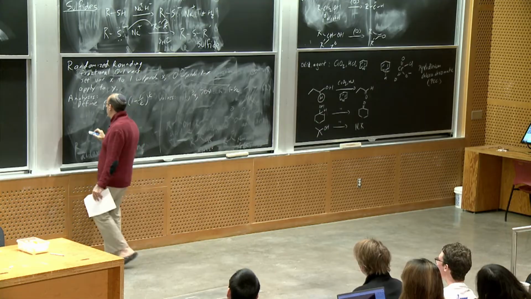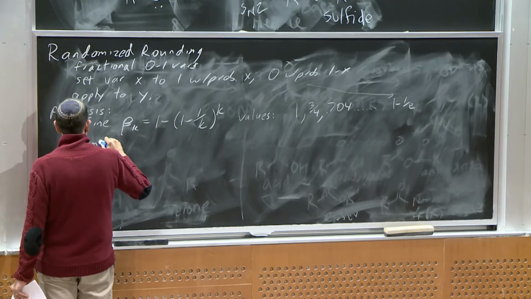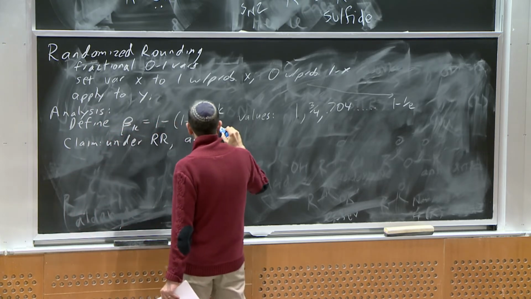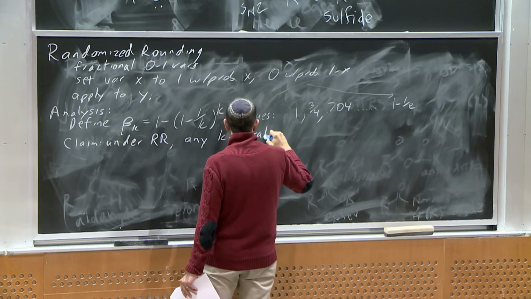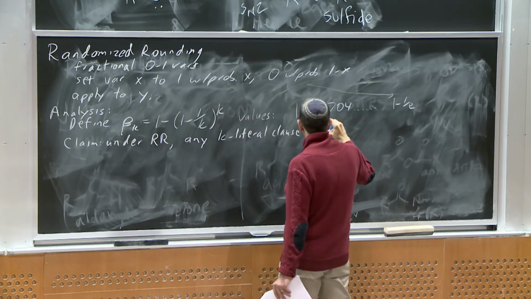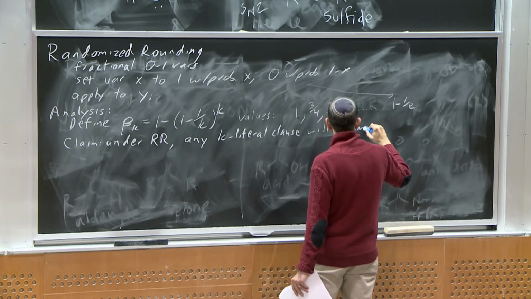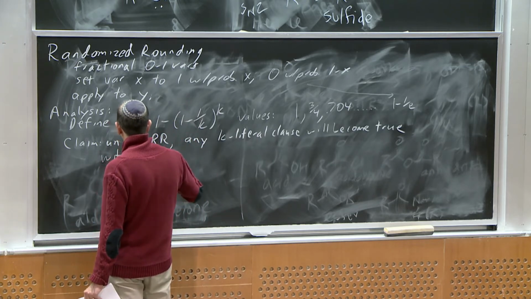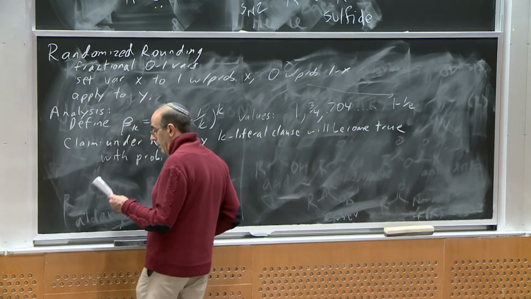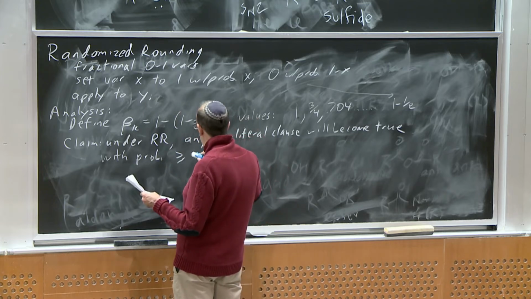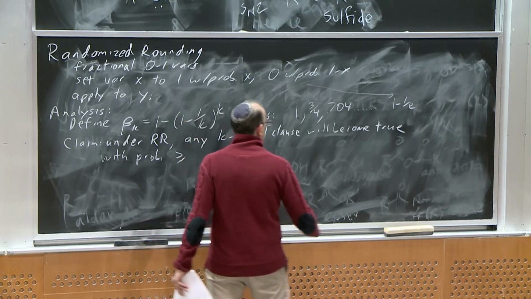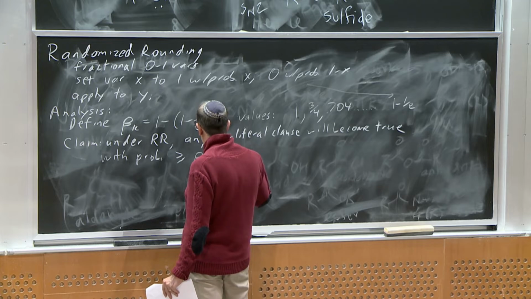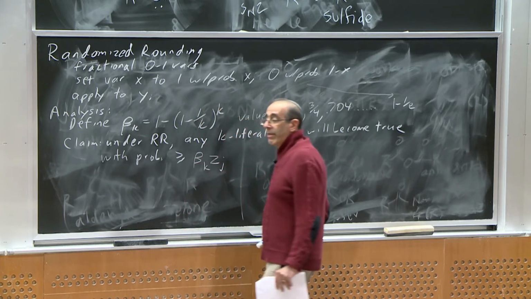My claim is that under randomized rounding, any k literal clause will become true with probability at least beta k times the z value of that clause.